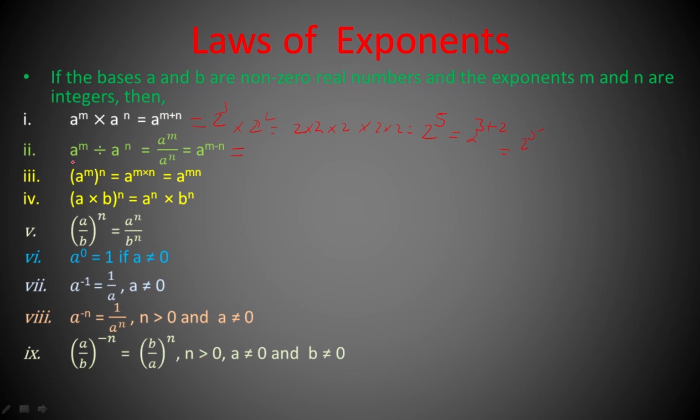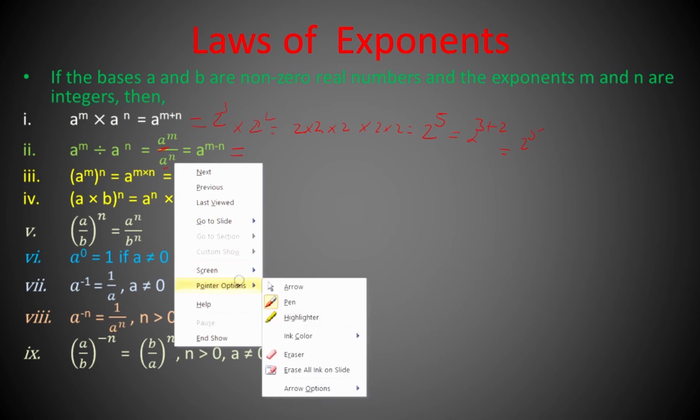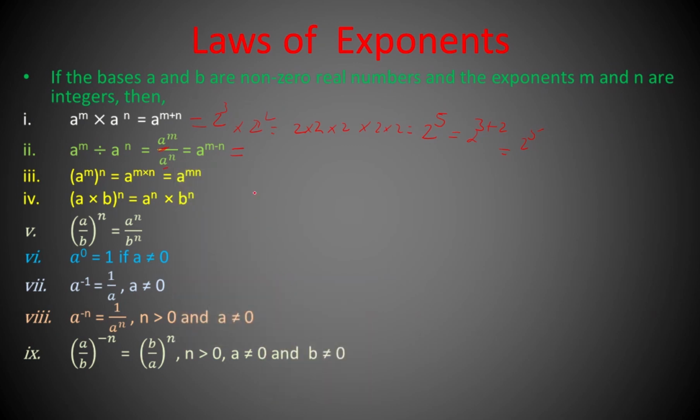In the context of division, a to the power of m divided by a to the power of n, a to the m over a to the n. Be careful, the bases must be the same. Then we subtract the exponents, the second exponent from the first.